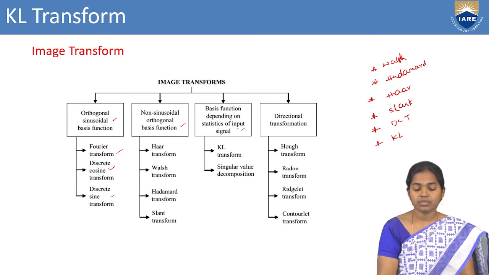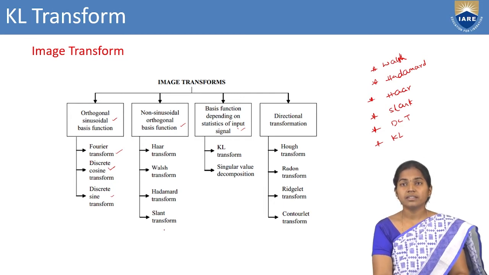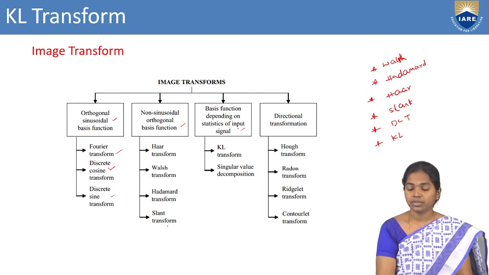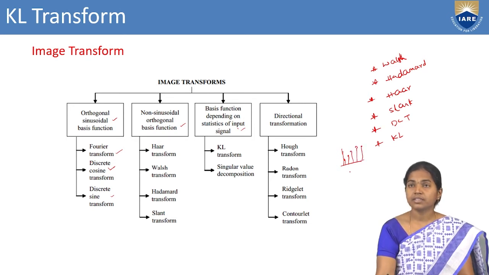When we go for the orthogonal sinusoidal basis function, we have the discrete cosine transform. The discrete cosine transform considers an even extension of the signal. When we represent a signal, how can we increase the length of the sequence?